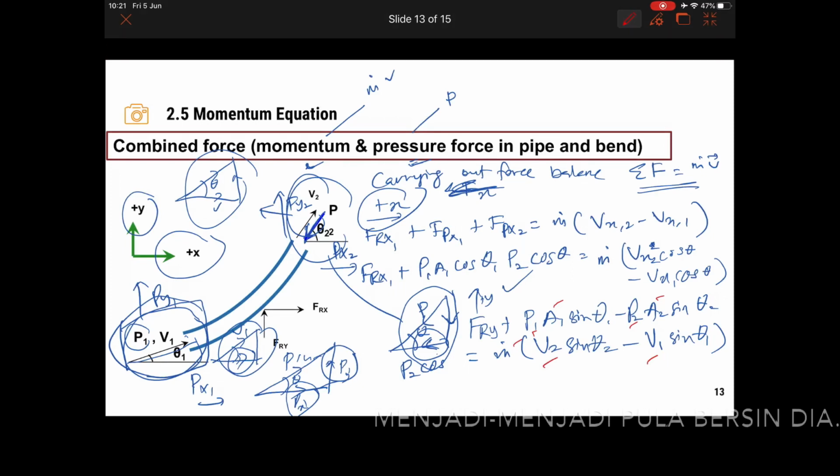And then having this definitely requires a mass balance, right, to get the area and also to get the velocity. And then the Bernoulli equation can give you the P, and then you can finally have the reaction force that is usually asked in momentum analysis.